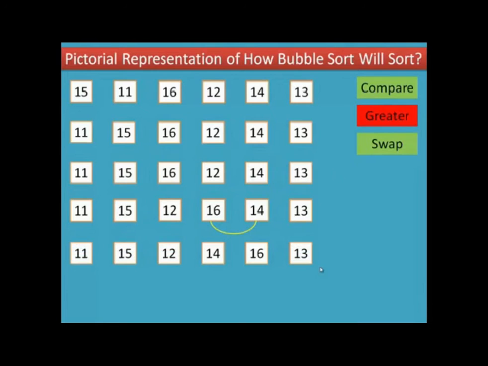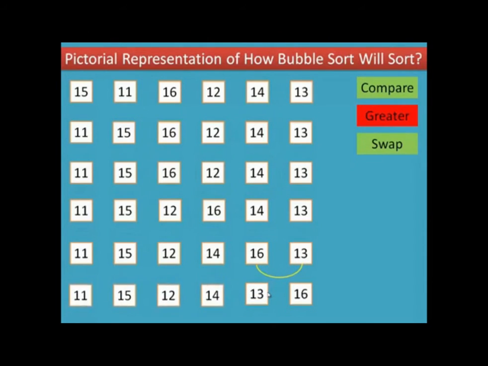Now comparing the next two numbers, 16 and 13. 16 is greater than 13, so swapping these two, the list will be 11, 15, 12, 14, 13 and 16. The rest of the numbers are brought down, and 16 is in its position. There is no change in 16. Now we have to look at the rest of the numbers.